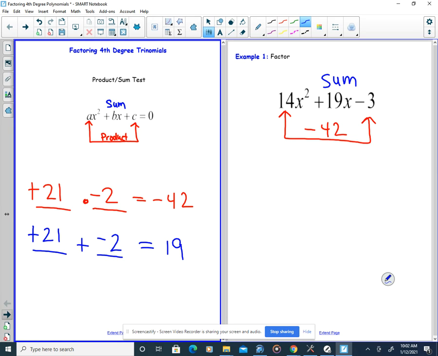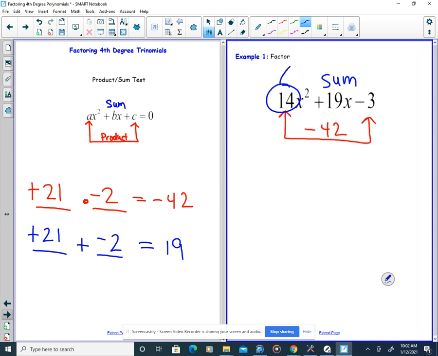So the method that we have been using is the slip and slide method. So what we do is we take our 14, we slip it to the back, and we multiply by the -3. So we end up with x squared plus 19x minus 42. Now we can factor this.